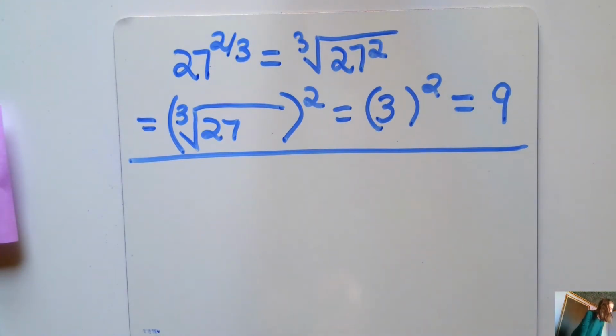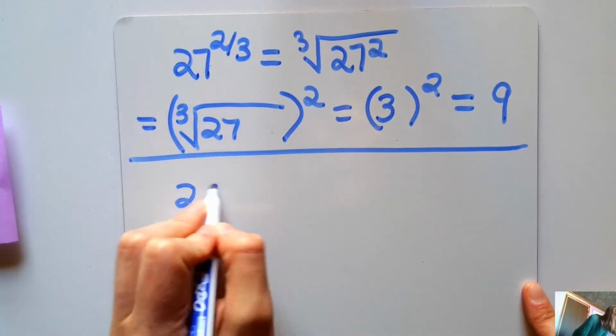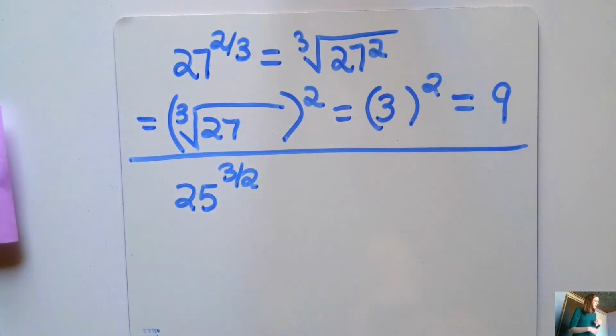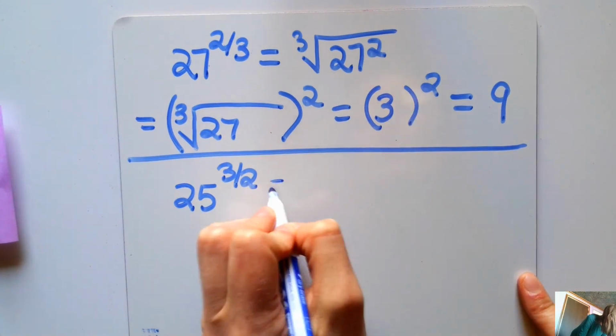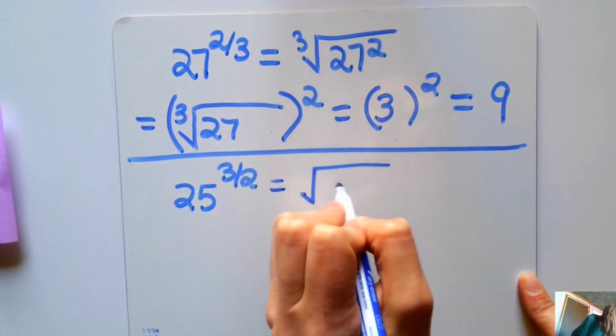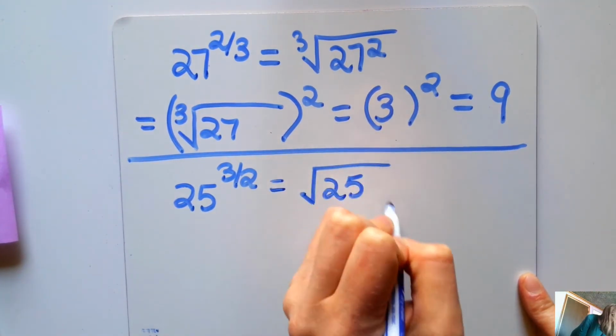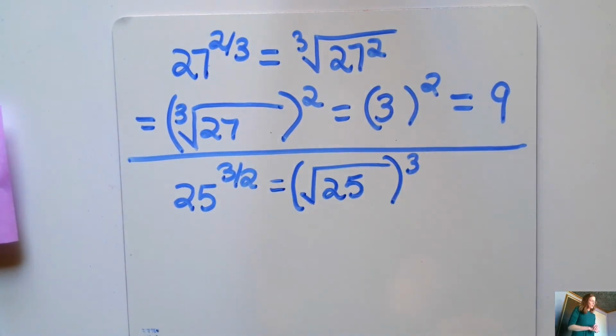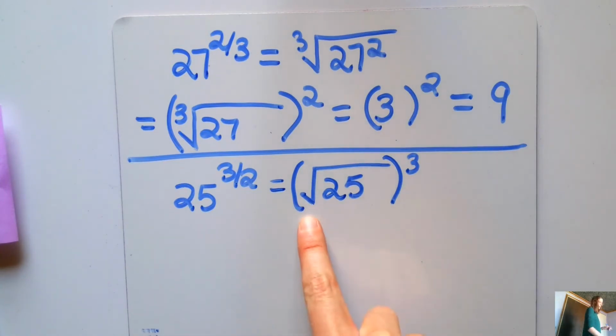Example, we've got 25 to the 3/2. So that equals the square root of 25 cubed. And now we know the principal square root, so again, this means principal square root.